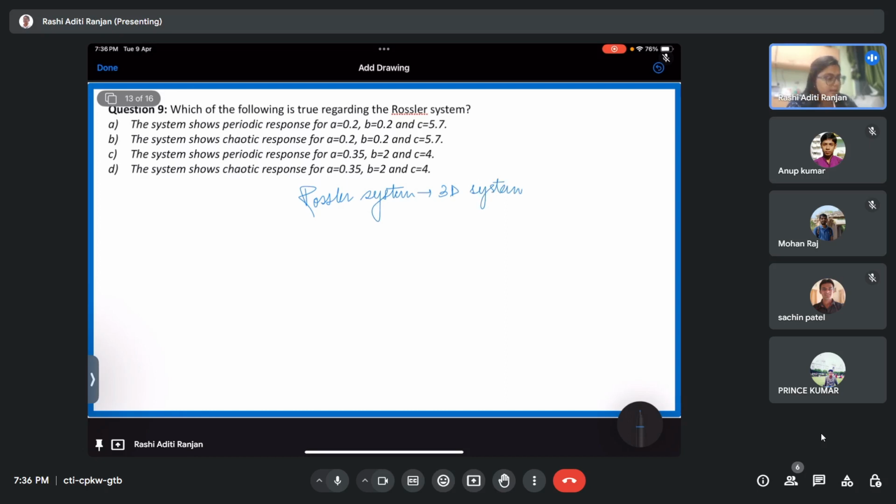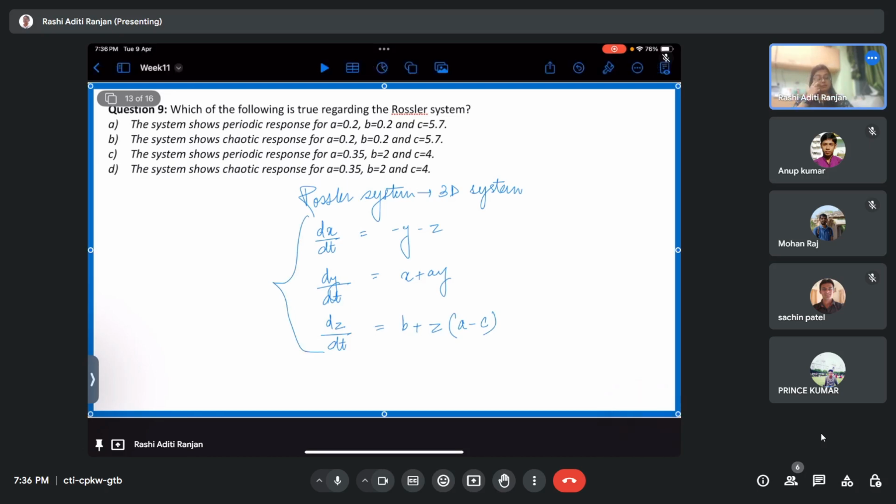Its equations are given as dx/dt is equal to minus y minus z. Then you have dy/dt as x plus a y, and you have dz/dt as b plus z times (x minus c). So this is my Rossler system.